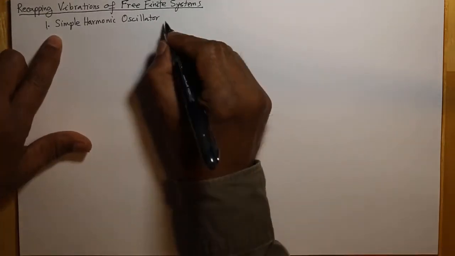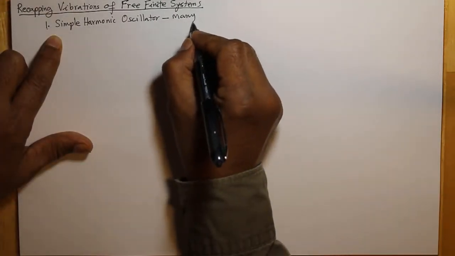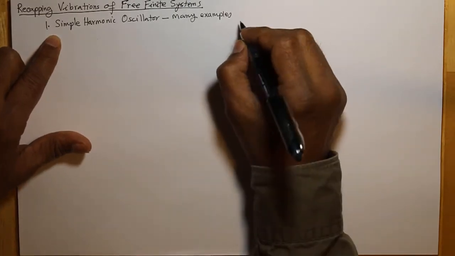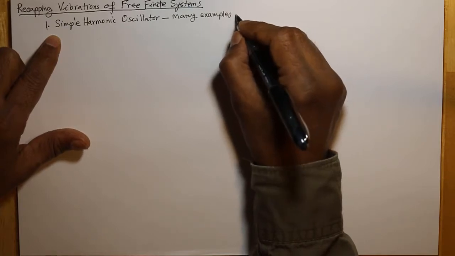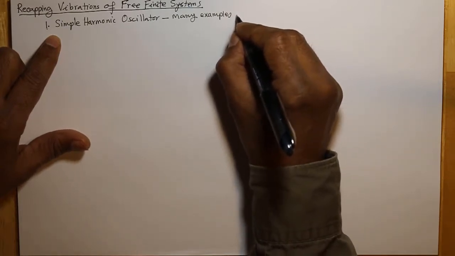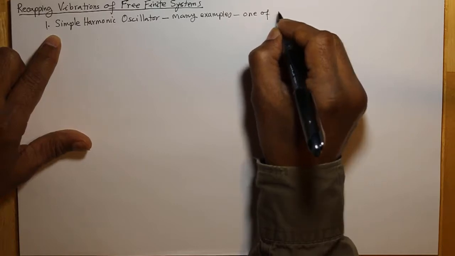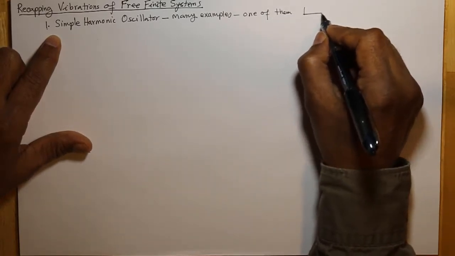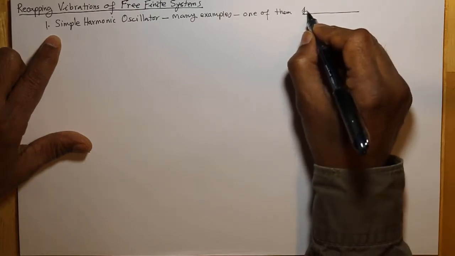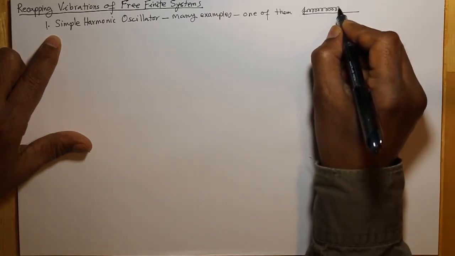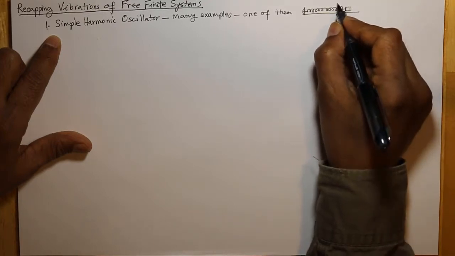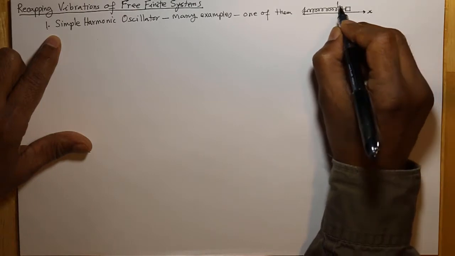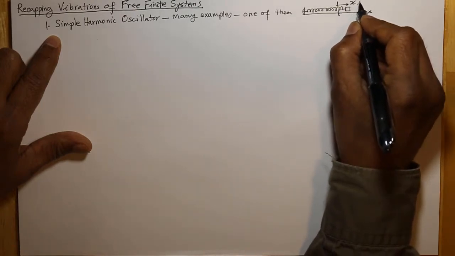There are many examples. One of them is a mass attached to a spring, and there's the equilibrium point, and we have the x-axis, and this distance is x as a function of time.